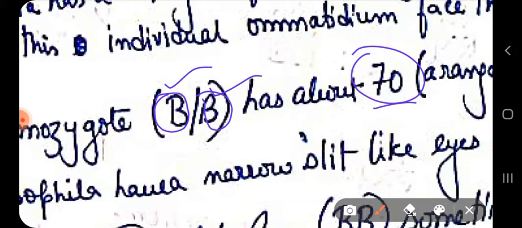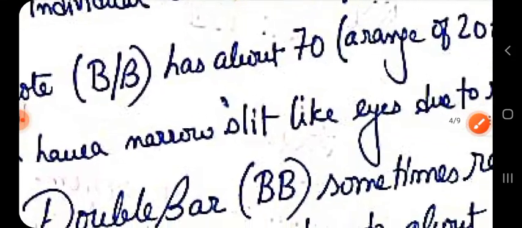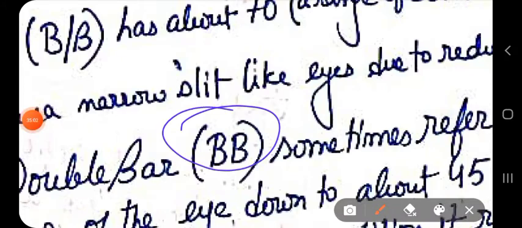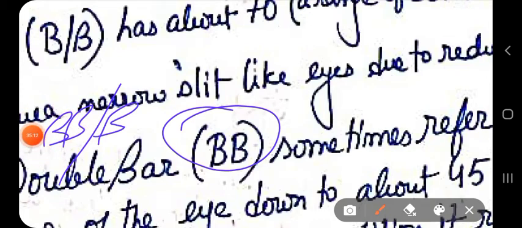But if this allele is repeated twice within the same chromosome as a result of duplication, that means it becomes ultra bar, with two bar alleles in each chromosome. Now in the heterozygous condition, if one of the chromosomes has two bar alleles and the other chromosome has only one bar allele, then the number of facets, the ommatidia, will be reduced to 45.